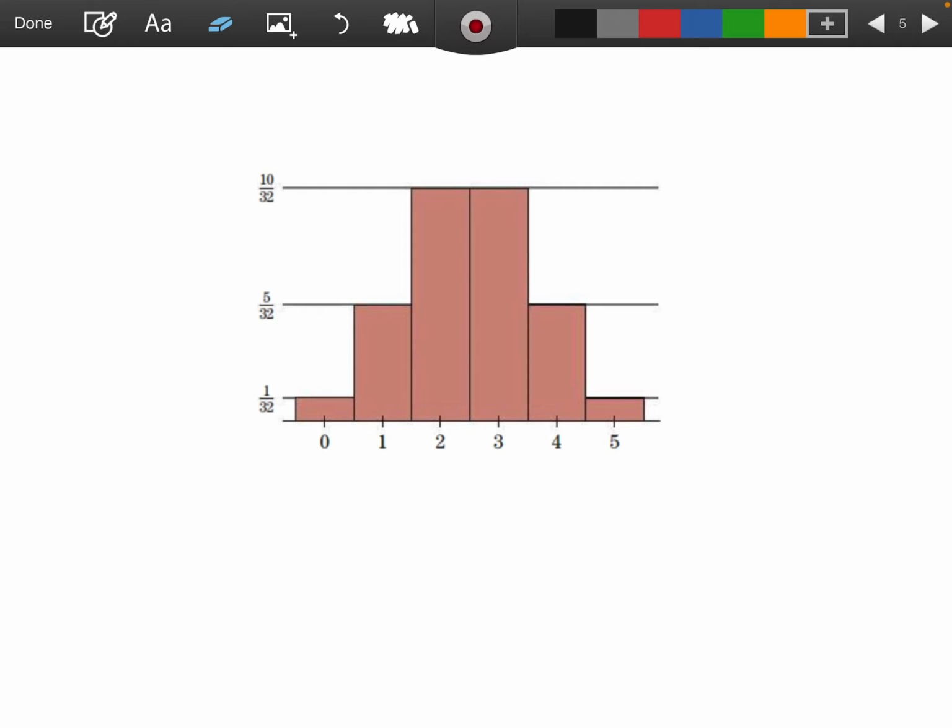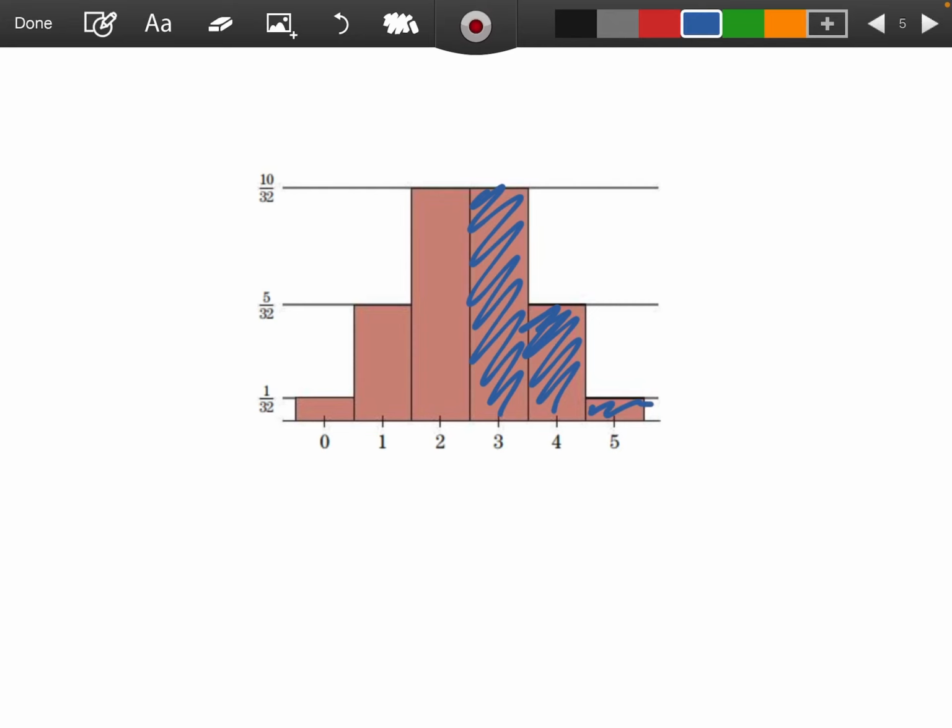Same thing happens as we had with our previous example. If I want to find the probability of some outcome, so let's say the probability that there are 3 or more heads thrown out of the 5 tosses of the coin, I would look at the area of the rectangles that represent those outcomes.